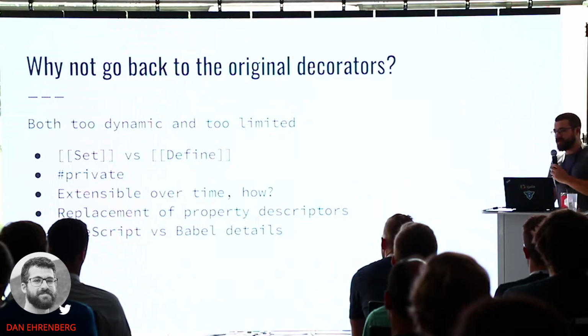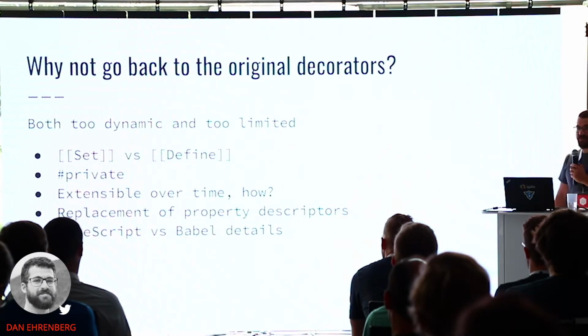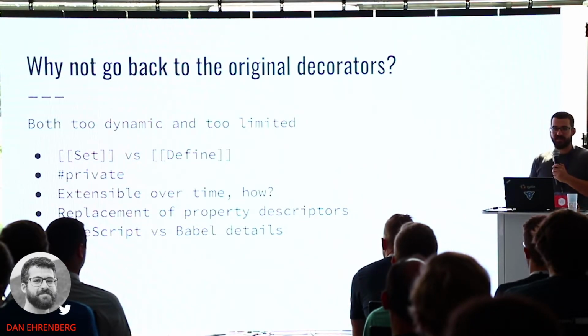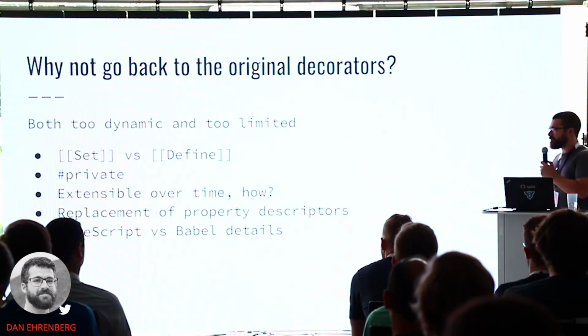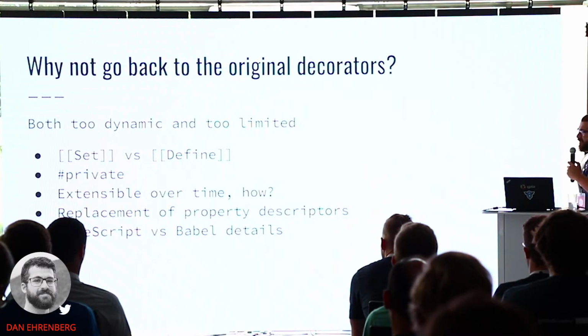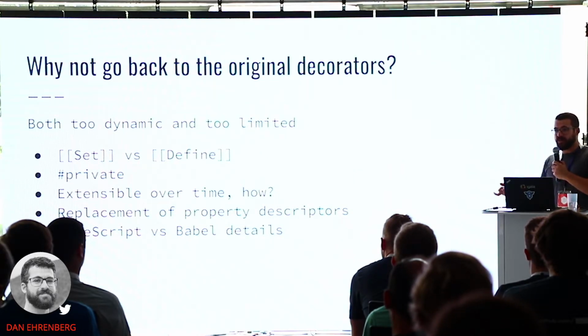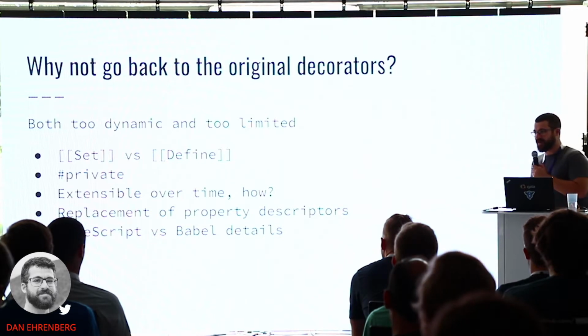There's also integration with private fields and methods, where when you're all based on property descriptors and property keys, like strings, those don't really apply to private. So we need to rethink that a bit. It's also not clear how to extend them over time. When they're just functions that get called, we can't really change their calling convention without risking backwards compatibility.